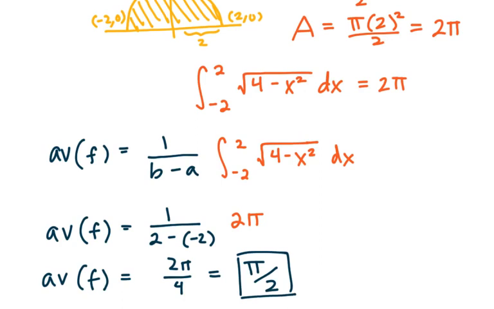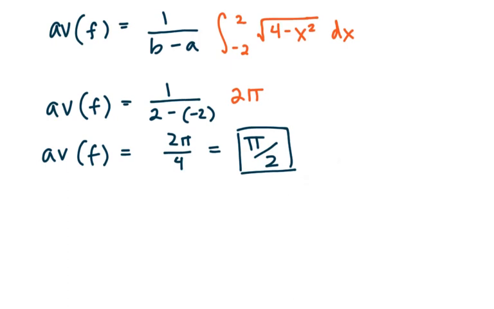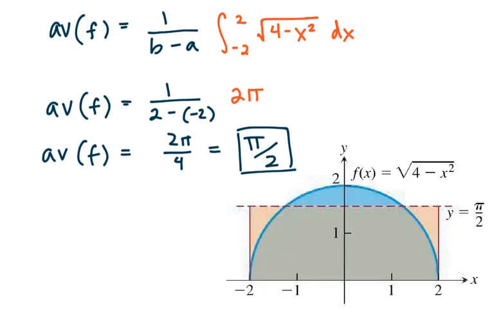And so what does this mean? Well, if we were to create a rectangle of the exact same area as the area under my curve, the square root of 4 minus x squared, the height of that rectangle along that 4-unit horizontal distance, the height would be pi over 2.